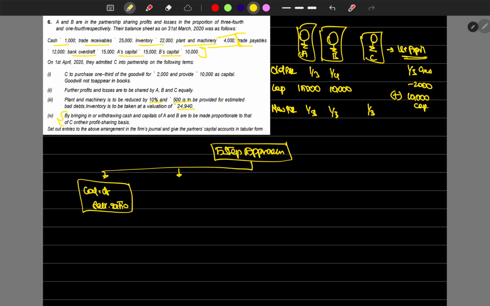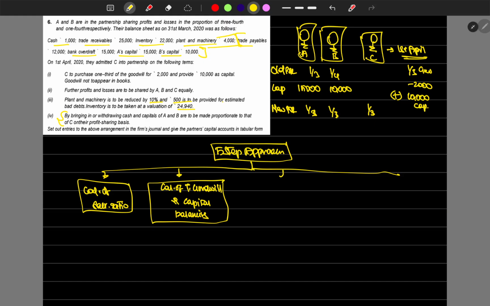Second step is goodwill, calculation of total goodwill, and capital contribution or withdrawal, capital balancing. These are all working notes. Then we prepare the revaluation account, partners' capital account, merged accounts, and then the balance sheet on admission.